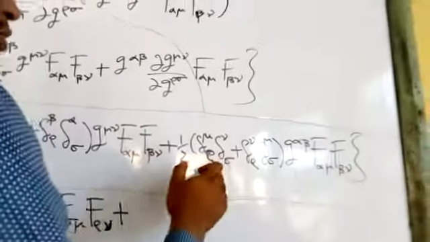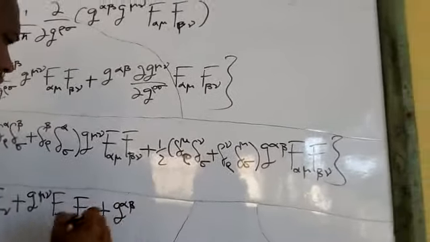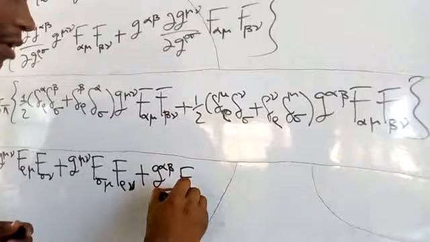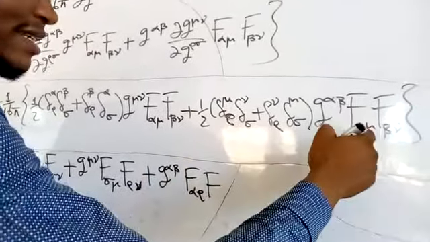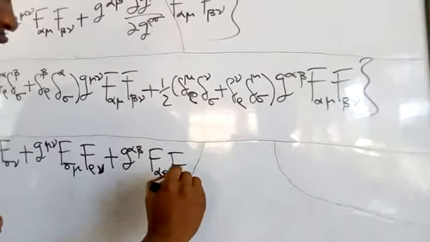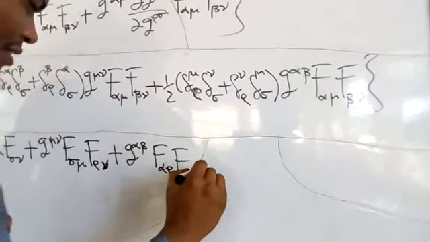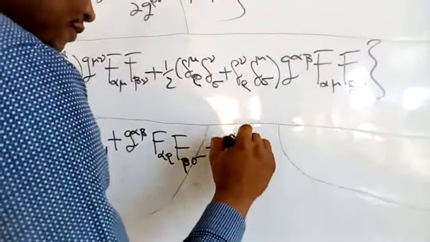The same thing happens over here. This time around, the G alpha beta again is untouched. But I will have my mu changed to rho. And then I have the nu. So this is going to be beta. The nu becomes sigma.